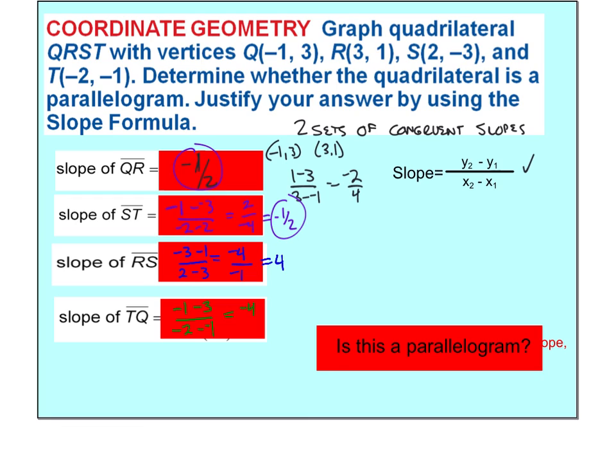Okay, so that will give me -4 over -1, which is 4. Okay, so 4 and 4, -1/2, -1/2. I'm going to say yes. Okay? Yes, you have 2 sets of parallel lines, so 2 sets of parallel sides. So I'm going to say yes by that.